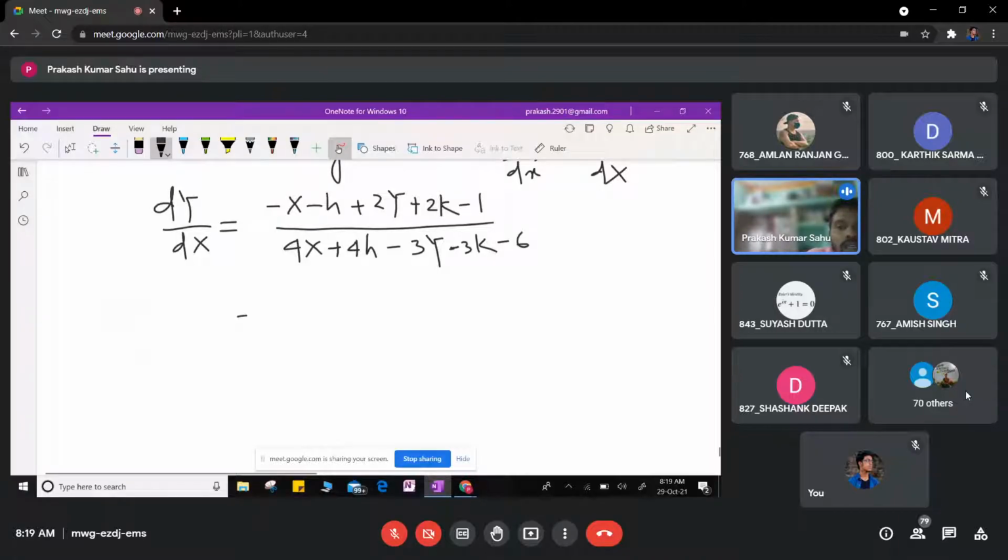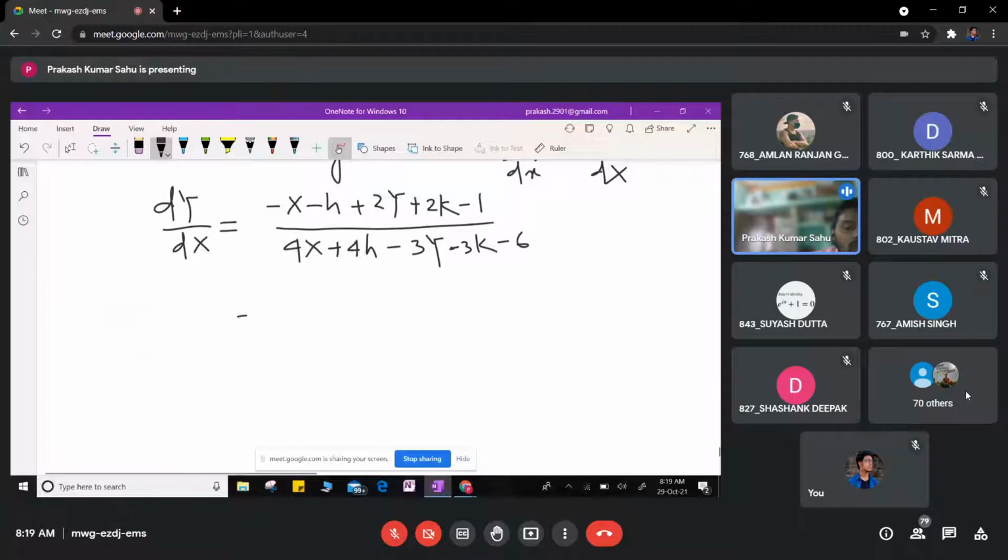And again, if you simplify this, what you get? You write this is minus X plus 2Y plus minus h plus 2k minus 1. I am taking the constant of right hand side. Again, this is 4X minus 3Y plus 4h minus 3k minus 6.